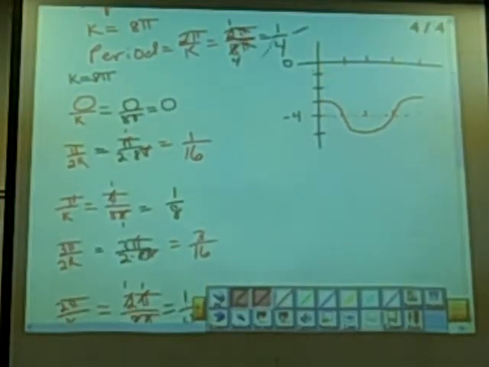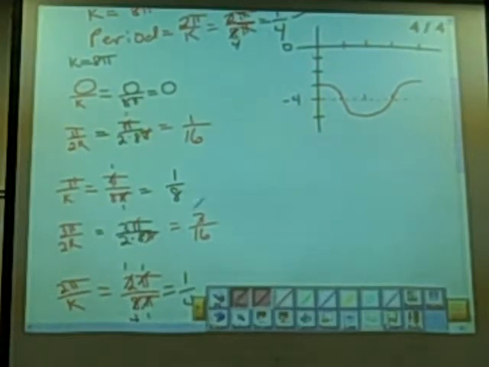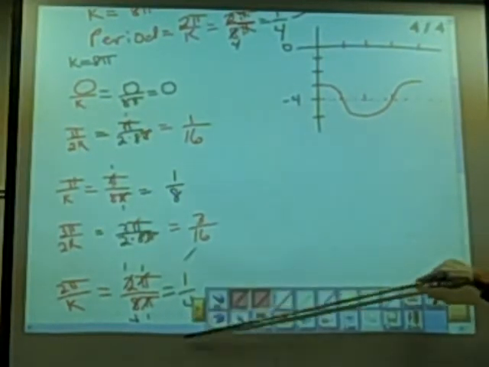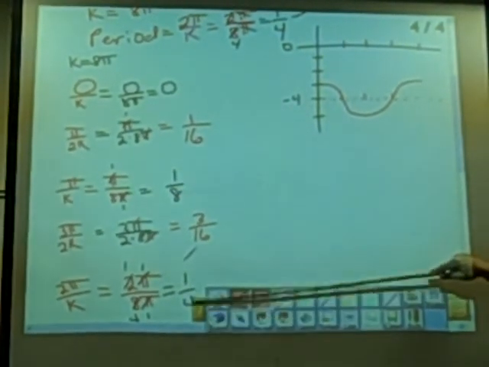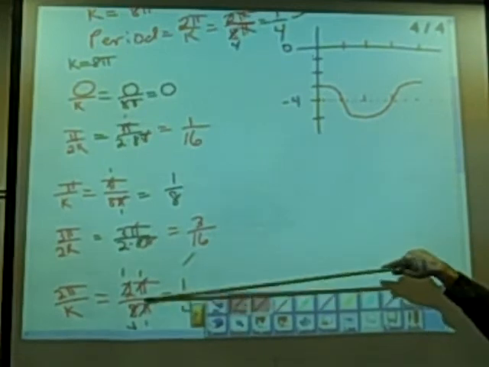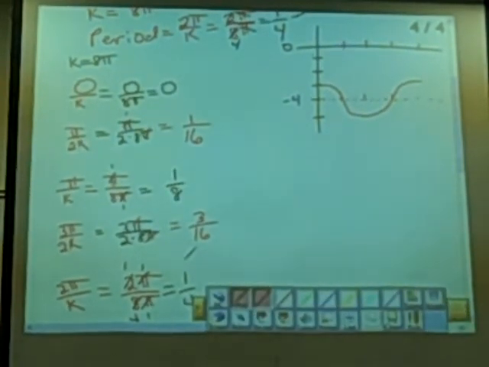So if these numbers are different, what does that tell you? If this period and this last one down here are different, you did something wrong. Something's wrong. If that one's wrong, maybe the whole thing's wrong. You have to go back and take a look at it. So that's kind of a check for you.